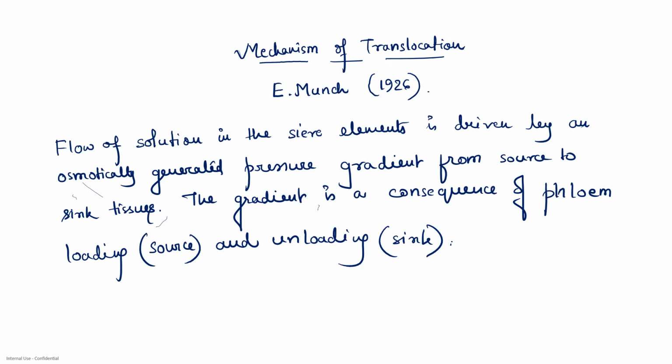And here what happens? The active loading at the source leads to an accumulation of sugar in the sieve element, which causes a drop in the water potential. In response to the water potential gradient, what will happen now? The water will enter the sieve element osmotically from the nearby xylem elements.